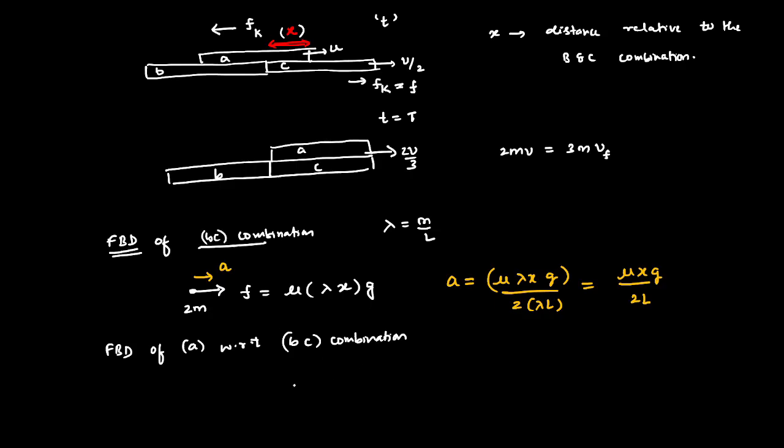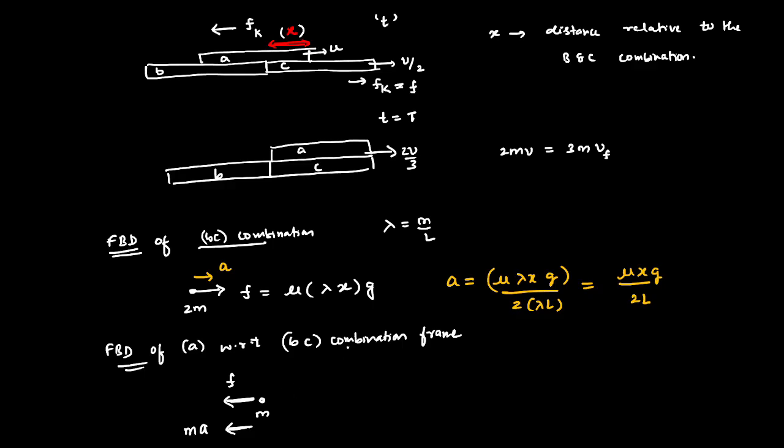With respect to the BC combination frame, if we observe the free body diagram, we have frictional force on our mass, which is acting leftwards, as we have already discussed. Since our BC combination frame is accelerating rightwards, there will be a pseudo force acting leftwards, which is mass times the acceleration a.